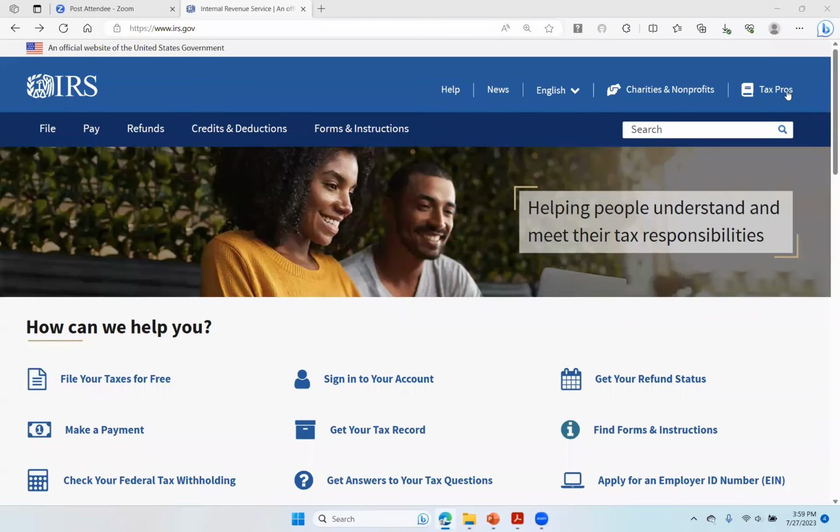I'm going to demonstrate how to get to the instructions for a Form 990 information return, so that if you're looking at an information return and you need help interpreting what the questions are, you can always go to the instructions, because the instructions provide explanations of each and every line of a Form 990 information return.